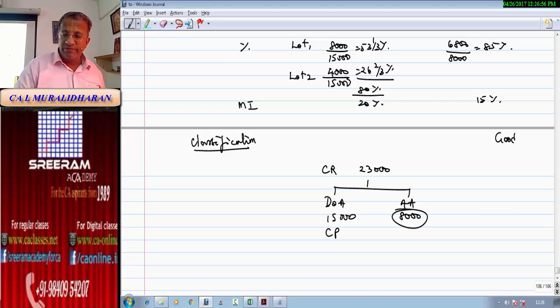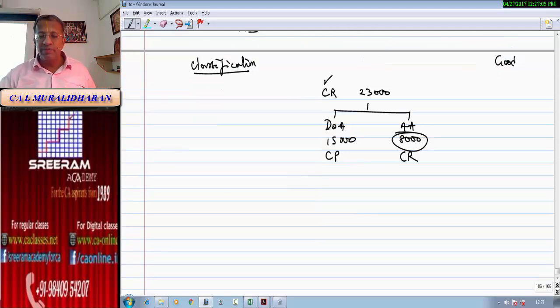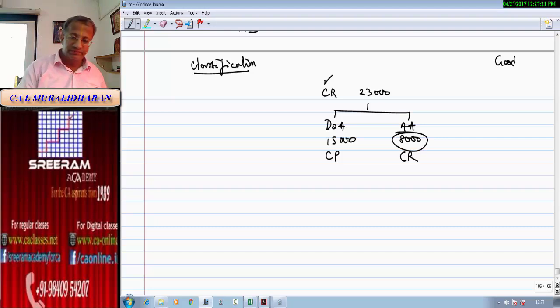This is capital profit, this is capital reserve. This will not be referred to as revenue reserve because the title of this reserve itself is capital in nature. So, had it being general reserve, this increase we would have taken up as revenue reserve. Since the title of the reserve itself is capital reserve, increase since acquisition will continue to be referred to as capital reserve. The one that existed at the time of controlling acquisition, we will put it out as capital profit.